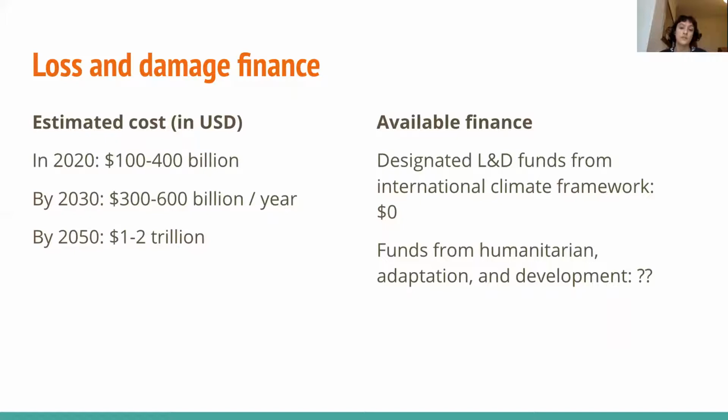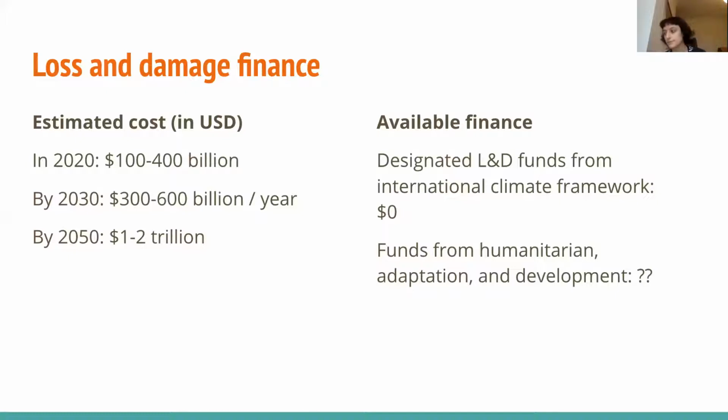And by 2050, the estimated cost is $1 to $2 trillion per year. And of course, these numbers will be highly dependent on how effective we are at reducing emissions and how effective we are at adapting and preventing loss and damage.